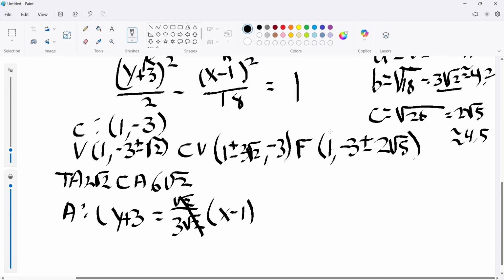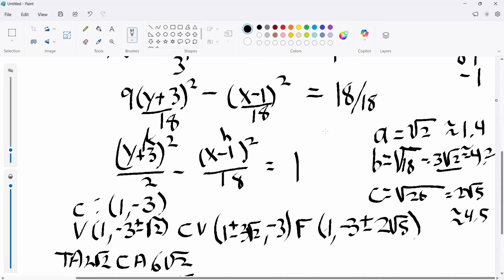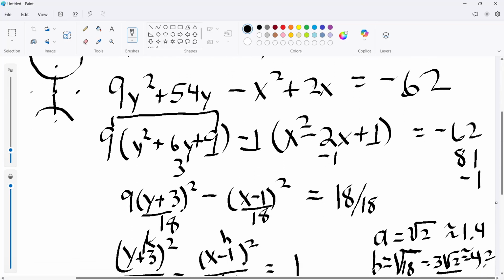Just having that doesn't really help you graph it, but now let me graph it. It's always good to look at the equation, and then you can say, oh look, the vertices are above and below, the foci are C above and below, and the covertices are to the left and right, instead of having to memorize which one you're adding.